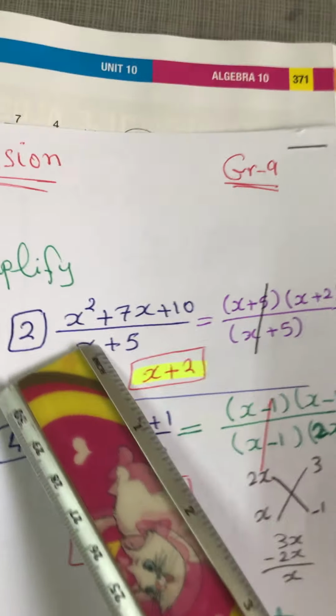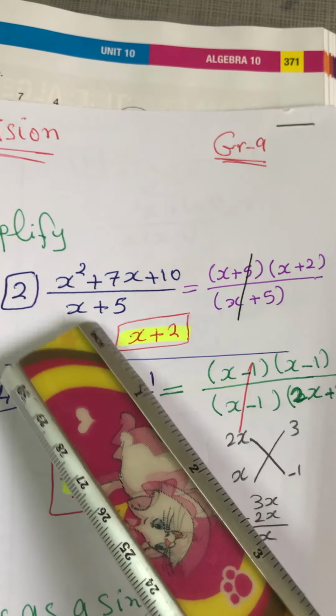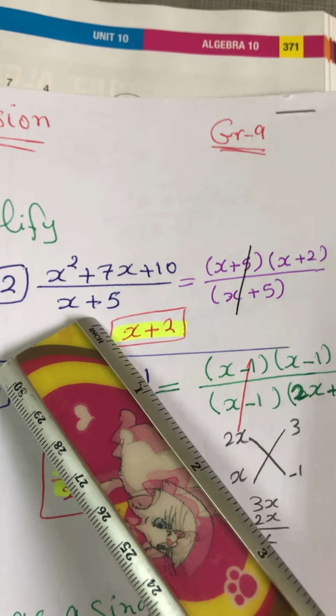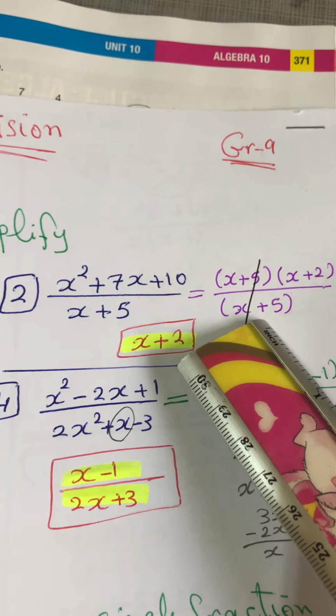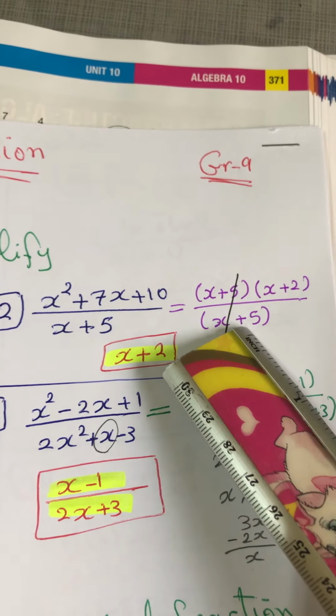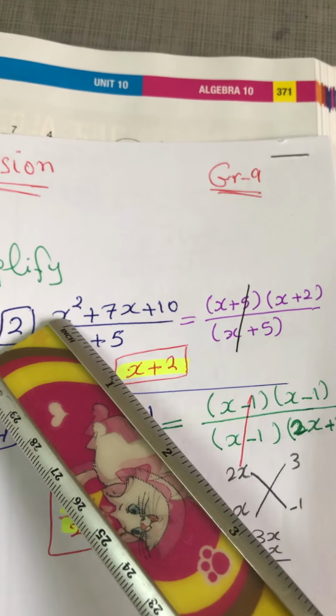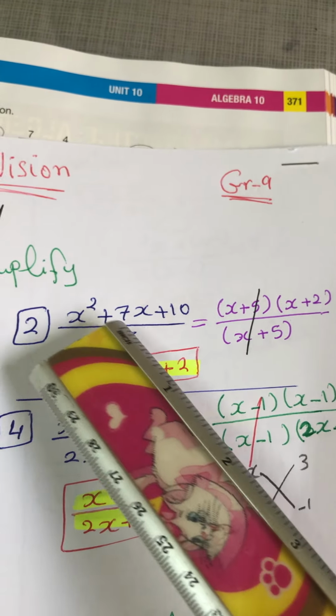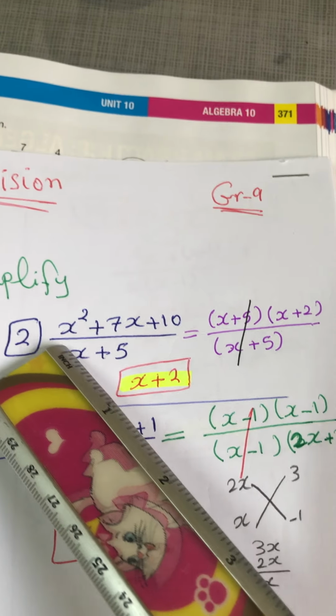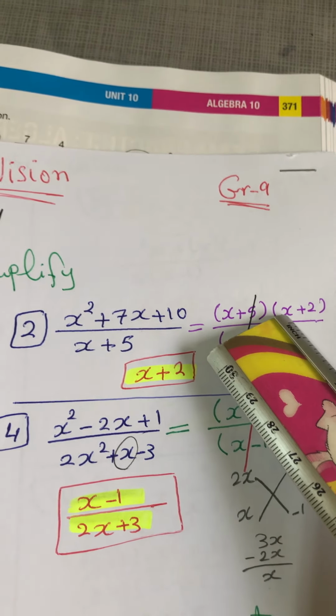In question number 2, I'll factorize the numerator and denominator. The denominator is already in the simplest form, x plus 5. Just put it between brackets or keep it, it's up to you. Now I have 3 terms. I factorize them in 2 brackets. Factorize x squared into x times x.